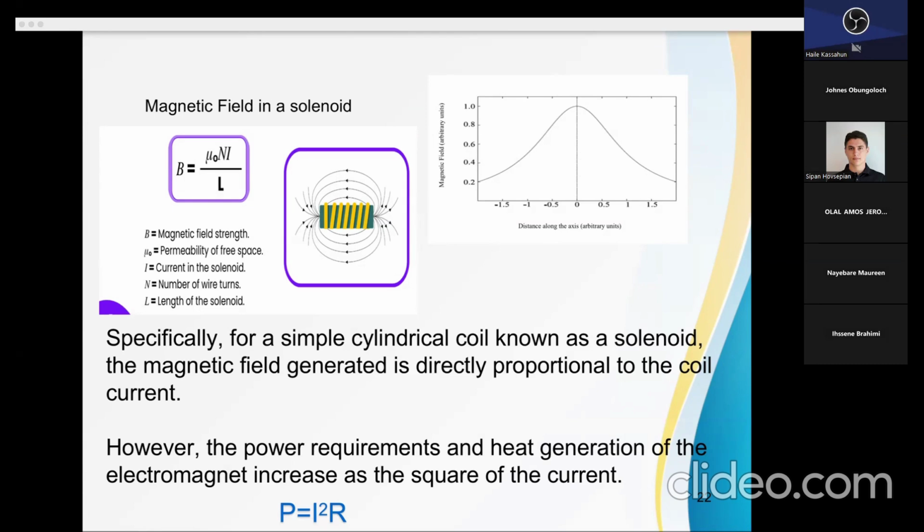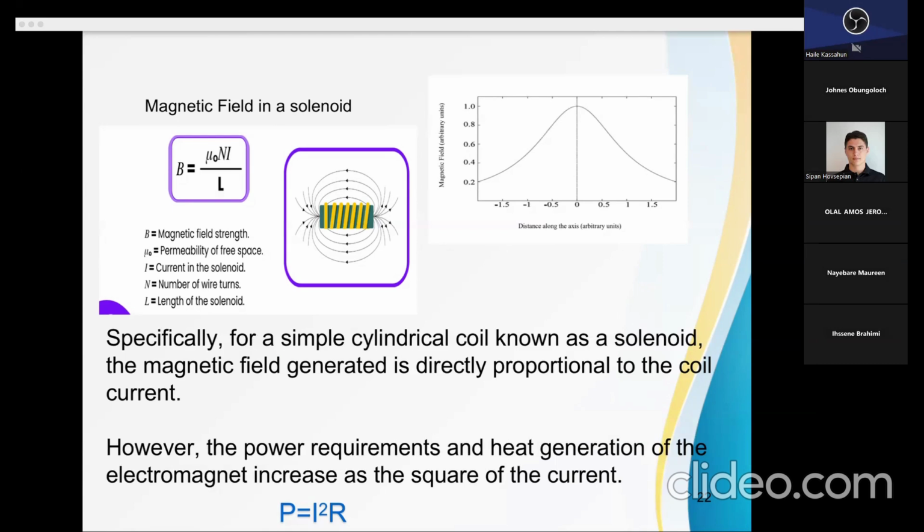And the solenoids normally generate fields that are not really very uniform. So if you need a very uniform magnetic field using solenoids, you might need to apply some correction mechanisms to make sure that the magnetic field is homogeneous. But they are very simple to construct and easy to learn with, as you can imagine.